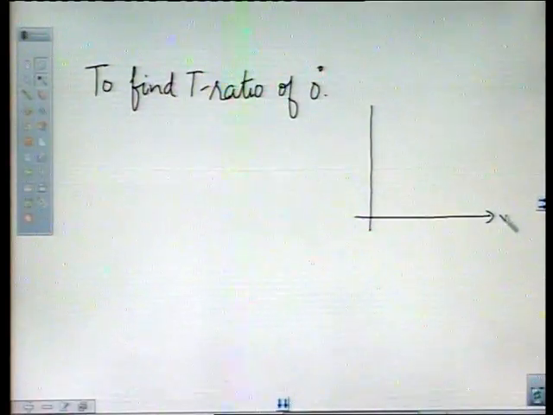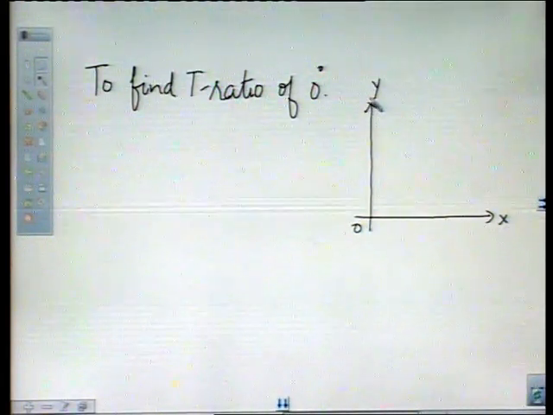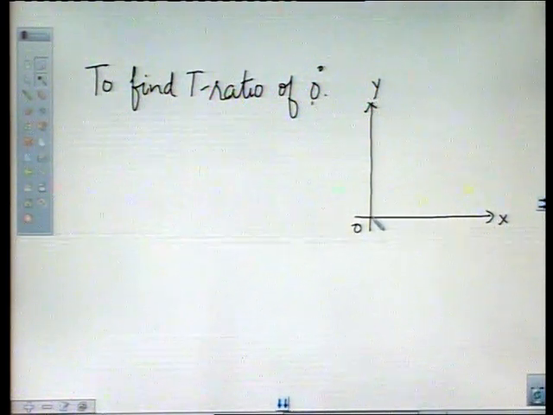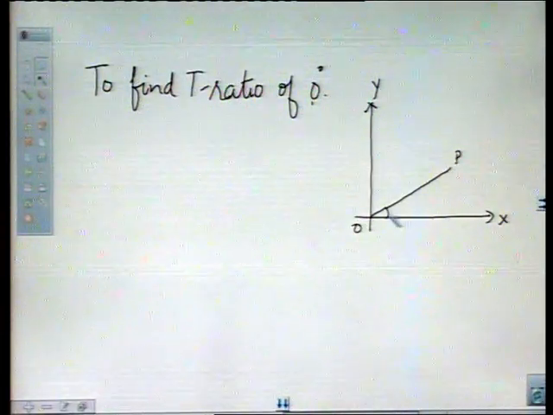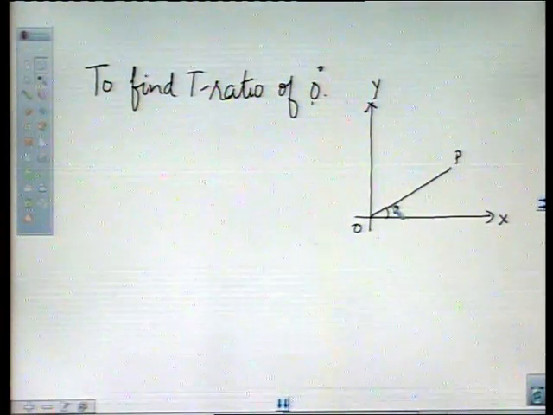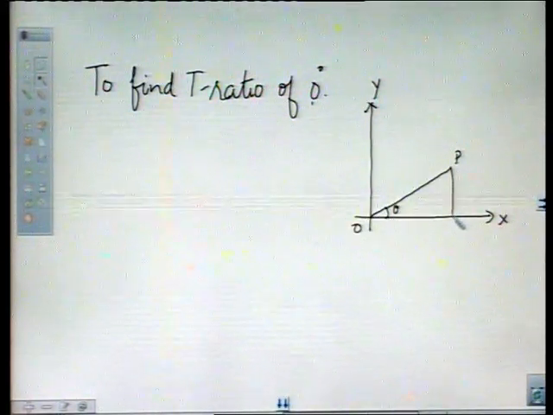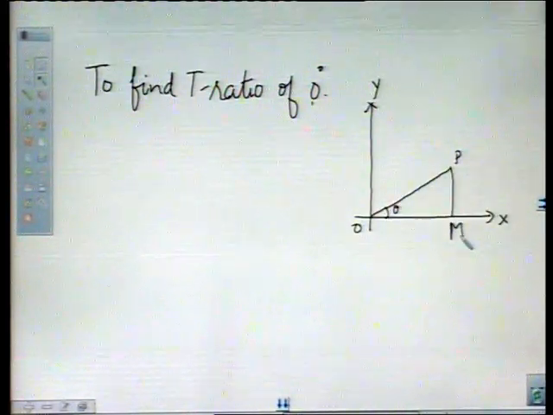This, we know, is our x axis, this is our y axis. Now, we are to find the T ratio of 0 degree. We draw an angle nearly equal to 0 degree. Let us take this as angle theta. From P, let us draw PM perpendicular to OX.